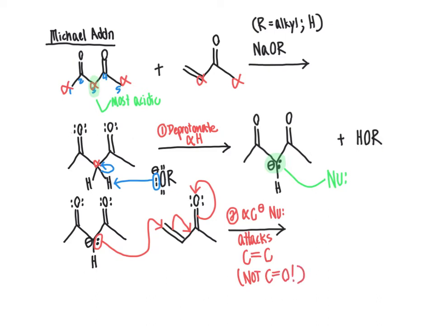Once we've gone through this complete mechanism, we'll go back and take a look in more detail about why the lone pair of electrons prefers to attack here to give way to the final major product rather than attacking that carbonyl group. So for now, we'll get through the mechanism and then we'll go back and look at more of the rhyme and reason of why step 2 happens the way it does in the case of conjugated molecules.